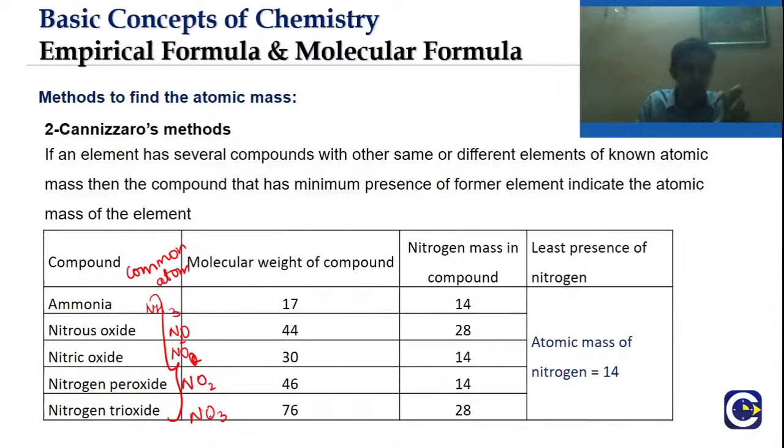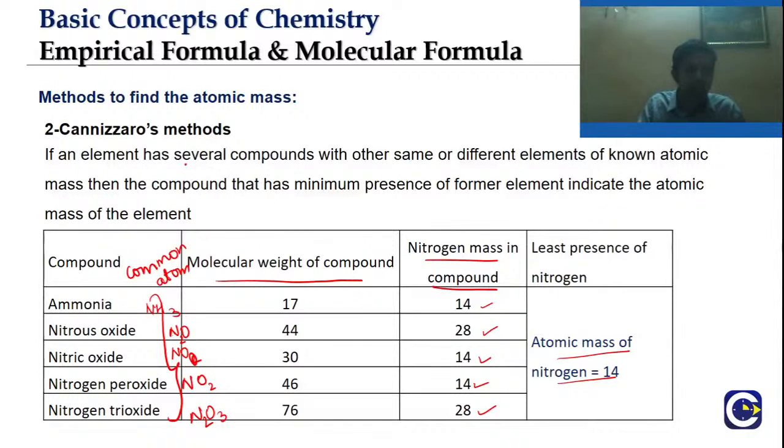In all these cases, nitrogen is common. So when you consider the molecular weight and the nitrogen weight in it, you will find that one has 14, one has 28, one has 14, 14, 28. Whichever is the minimum among these happens to be the atomic mass of nitrogen. That's what the Cannizzaro method says.